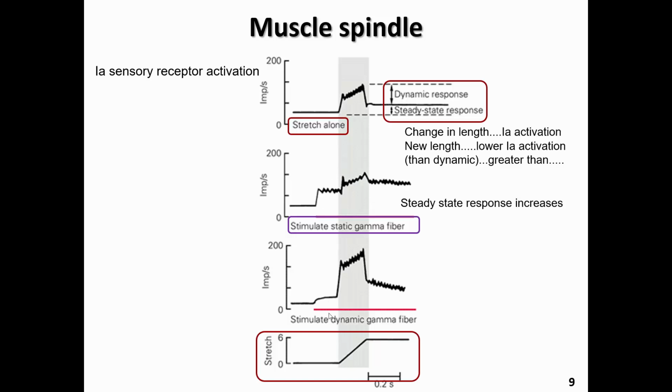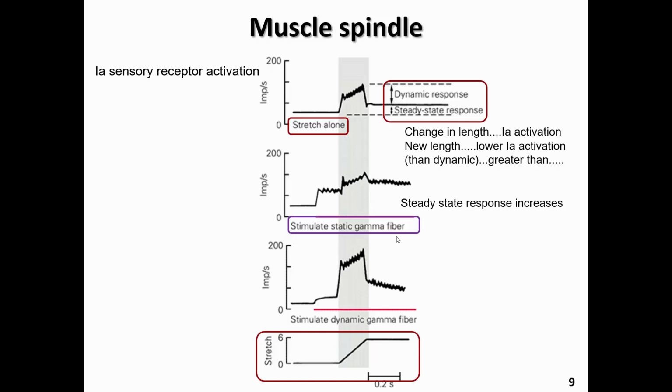So without passive muscle stretching, the activation of the gamma motor neurons still increased 1A sensory activation because the equatorial region was lengthened. Now, when you actually passively stretch the muscle, then we see a very similar dynamic response that we had with the stretch alone.